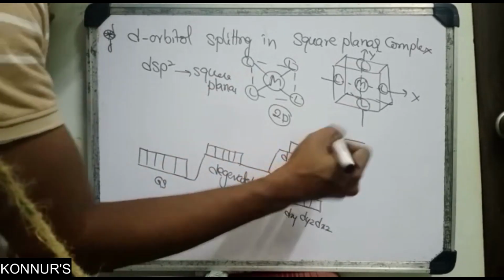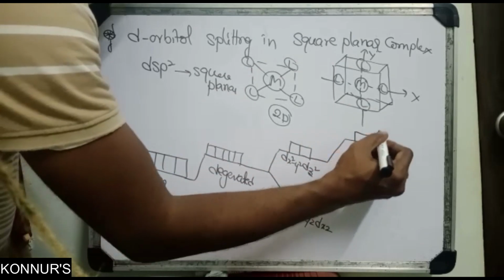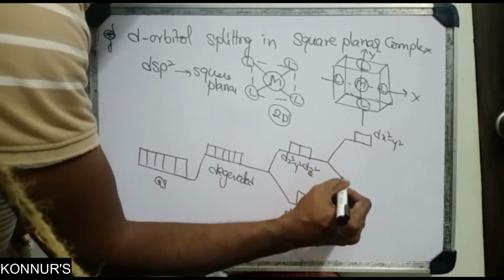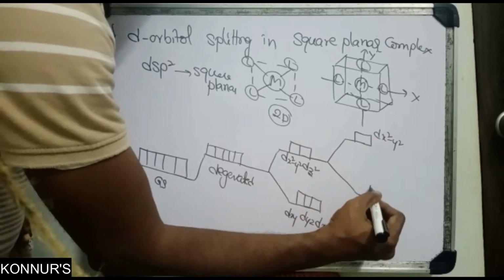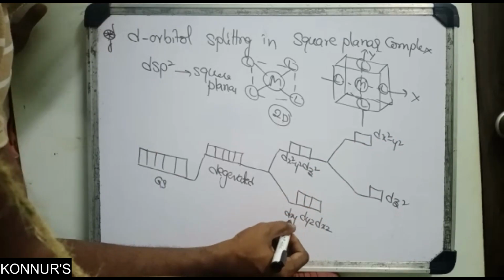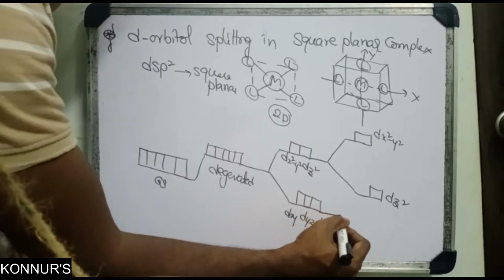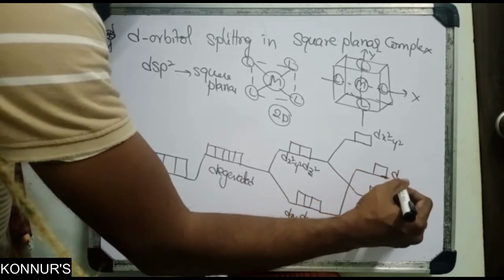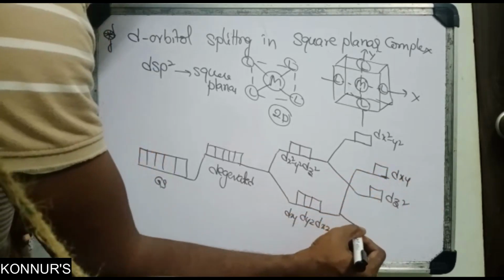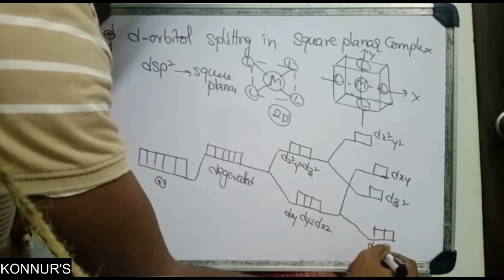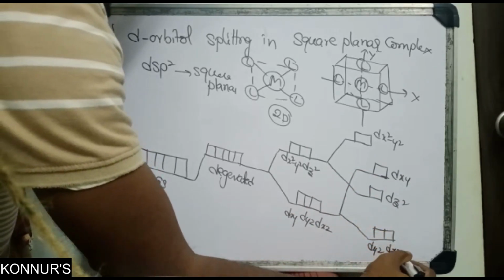So the highest one is dx square minus y square. Next, dz square decreases. Next, here xy is involved, so it will go to a higher level. So you are getting dxy. Next, the remaining two, dyz, dxz.